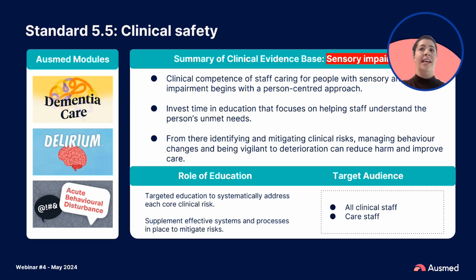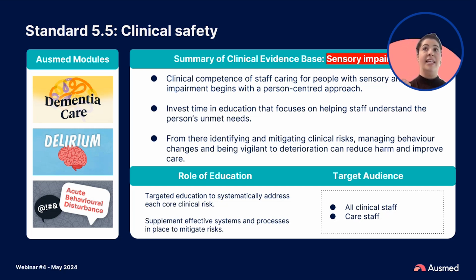So if we understand the core needs that an older person has, and if we can work out for each person, in a person-centered approach, how we can identify and respond to those basic needs, then we can often minimize situations that may precipitate changes in behavior and those difficult changes.